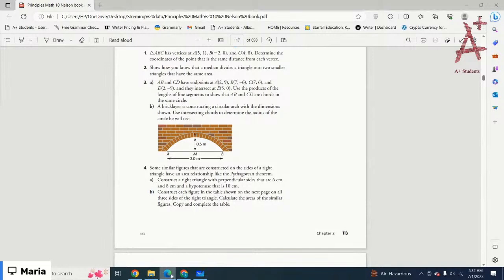Question number two is show how you know that a median divides a triangle into two smaller triangles that have the same area.